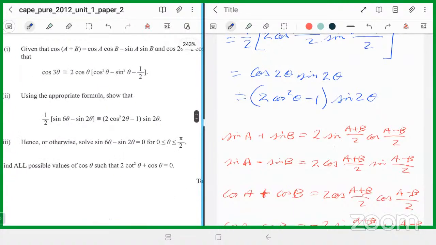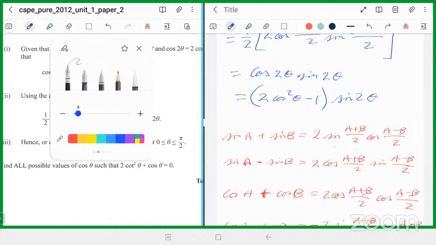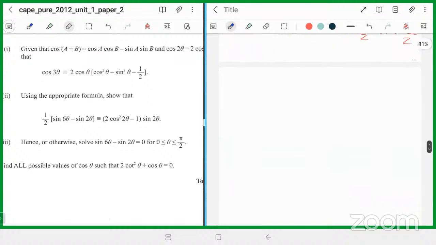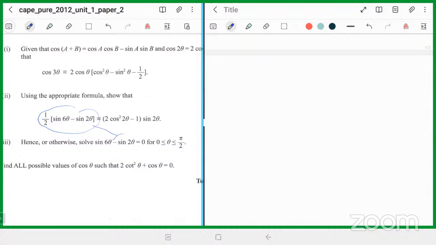Next part says, hence or otherwise, they want us to now solve this. And it's a hence or otherwise question. So they want us to solve that between 0 and pi by 2. Solving this equals 0 is like solving sine 6 theta minus sine 2 theta equals 0.